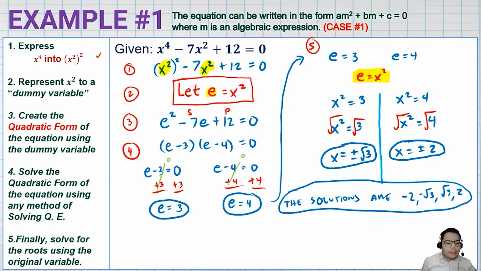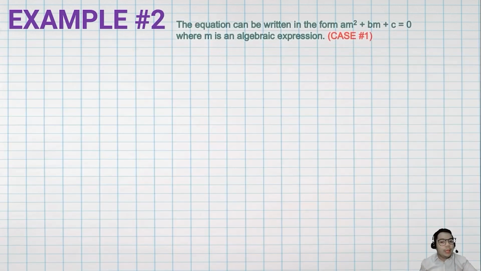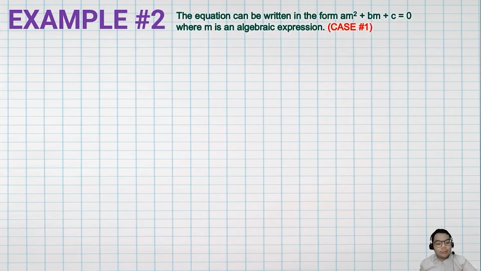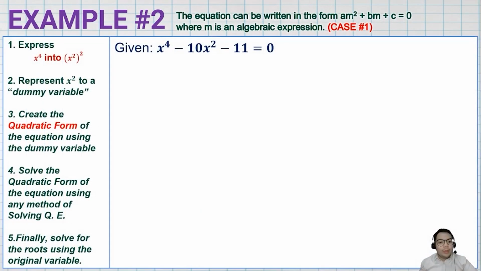Okay, let's discuss another example para mas maintindihan natin kung paano nagagamit yung mga steps na to at para magkaroon din tayo ng idea kung pwede ba tayong gumamit ng ibang method on solving quadratic equation. So, this time, hindi ako gagamit ng factoring.